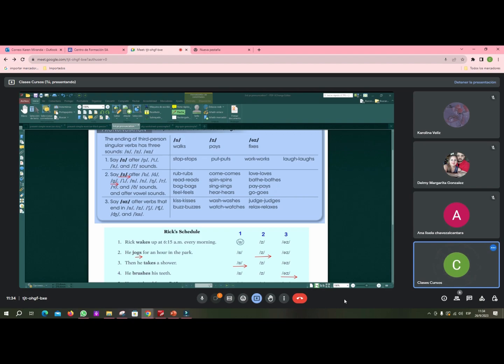Entonces hoy iniciamos con el módulo 3, así que pues vamos a seguir viendo y estudiando temas nuevos. Y con respecto al presente simple, pues aún nos falta una parte, ya con otro tipo de sujetos, que en la próxima clase las vamos a estudiar. Igual, seguir practicando mucho esto de la tercera persona del singular, ¿ok?